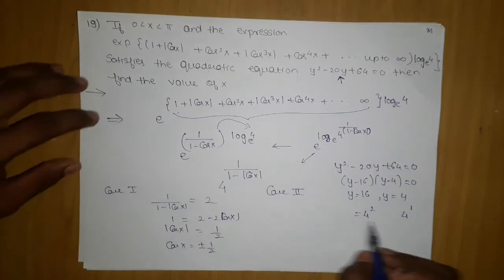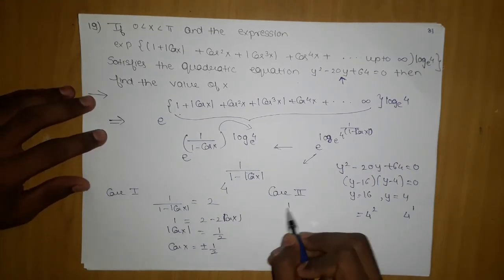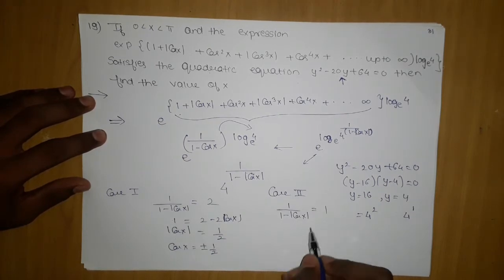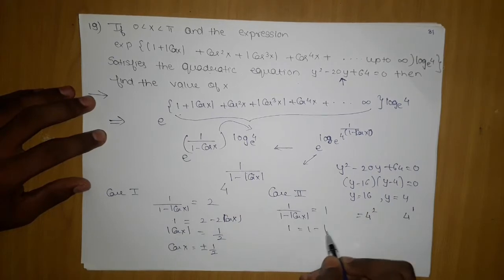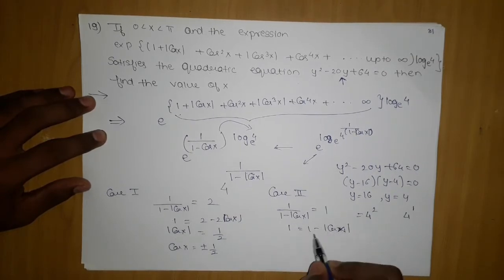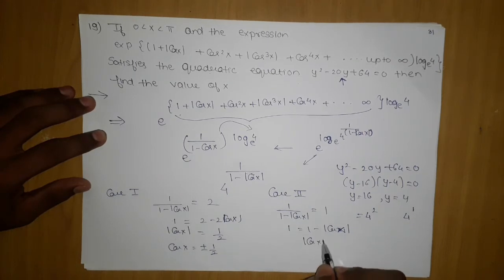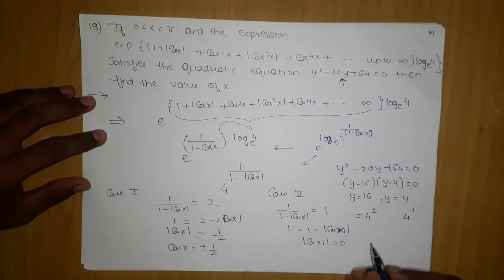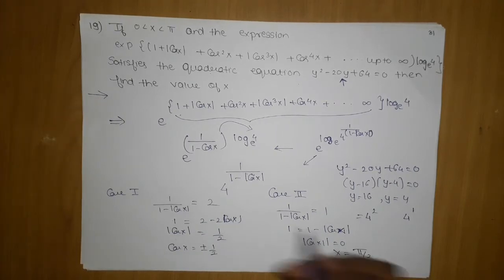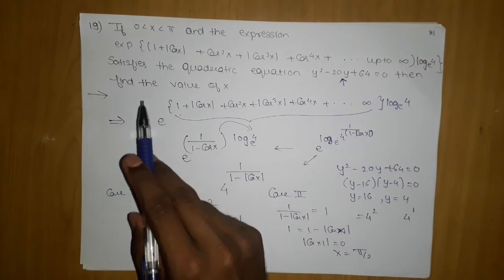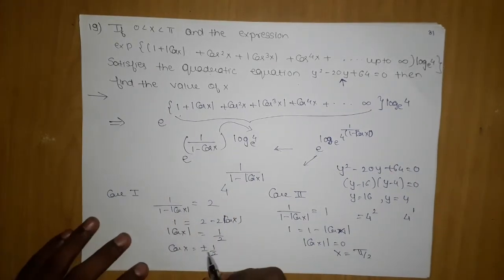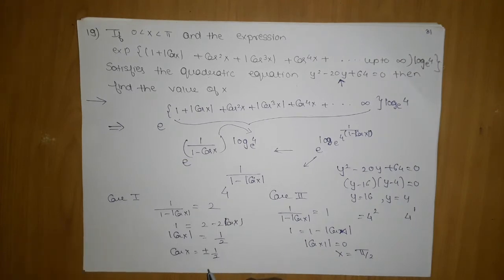Now move on to case 2, in which 1 upon 1 minus |cos x| equals 1, giving me 1 = 1 − |cos x|. So the moment we move this, we get |cos x| = 0, which is only possible when x equals pi by 2. When we consider 0 to pi, for 1 by 2 there are two possibilities.